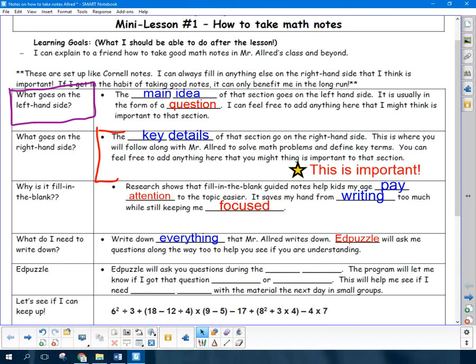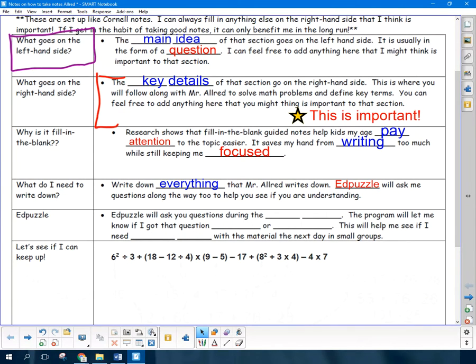As you're going through Edpuzzle, it'll ask you questions along the way as well. It'll help you see if you're understanding the things that we're writing down. Edpuzzle is a really cool tool. It'll ask questions during the notes video, and the program will let you know if you got the question correct or incorrect. That'll totally help you see if you need extra help with the material the next day in small groups.